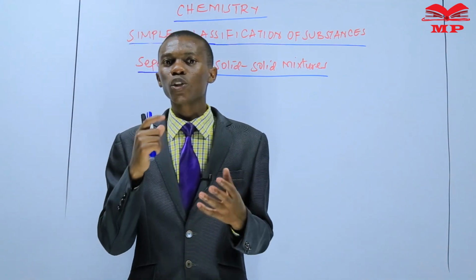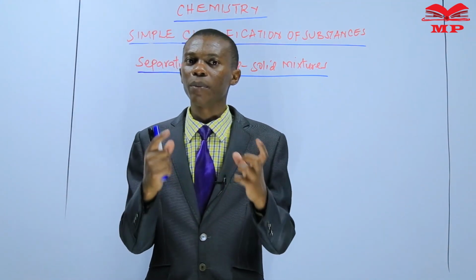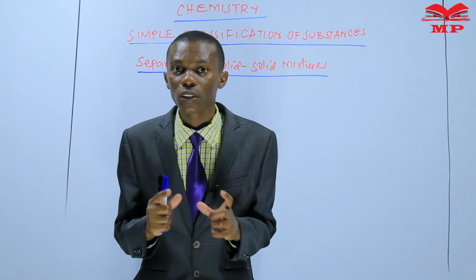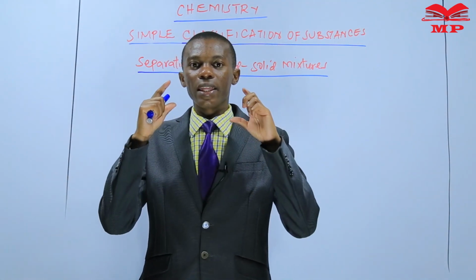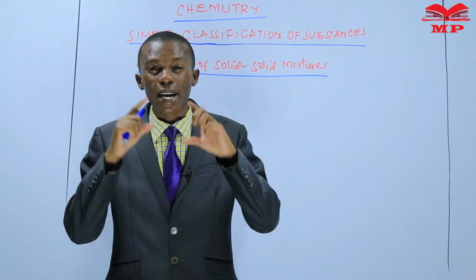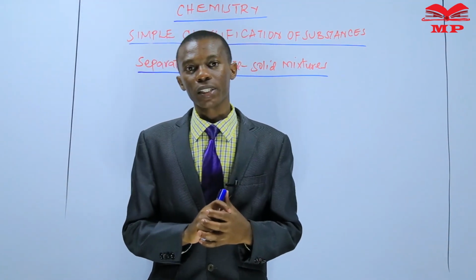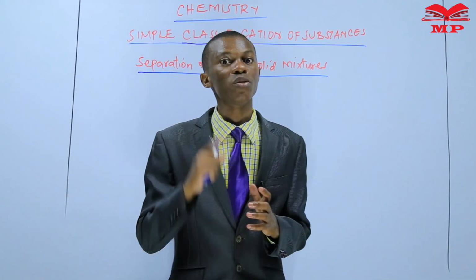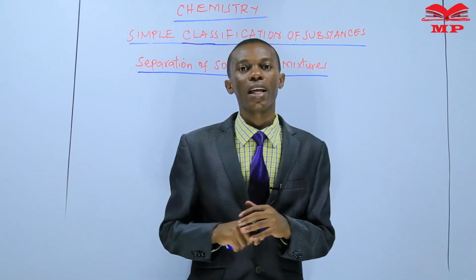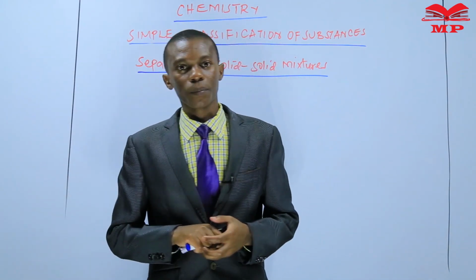Therefore, the choice of the method to use depends on the size of the particles and the characteristics of the individual components forming that mixture. I hope you get that and you remember whatever you learned in the primary school.